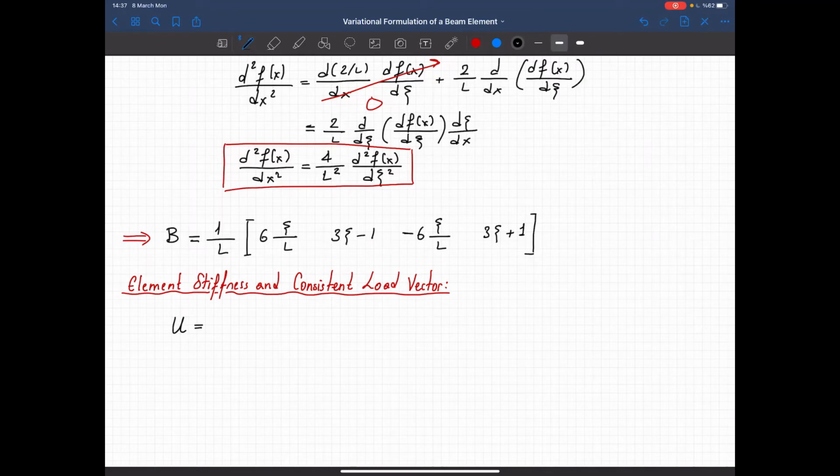That's equal to, from 0 to L, 1 over 2 curvature, or let me write it this way, the second derivative of V multiplied by EI multiplied by the second derivative of V times dx. That's the internal energy.